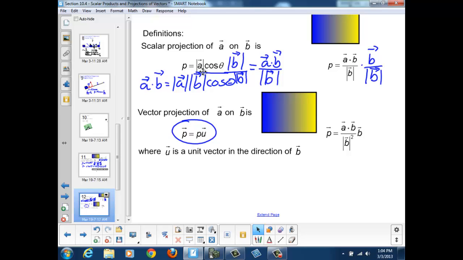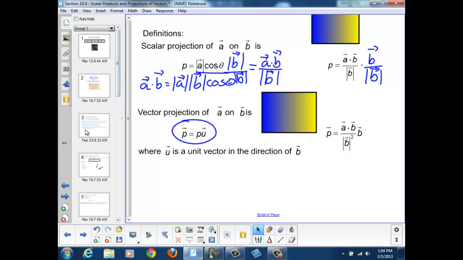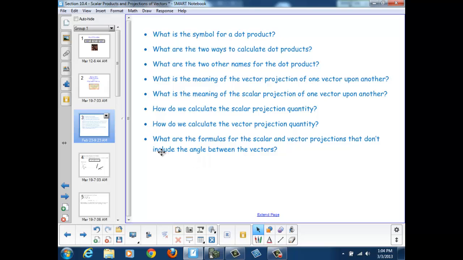Here's the scalar projection: magnitude of A cosine theta, or A dot B over the magnitude of B. The vector projection takes that information and multiplies it by a unit vector in the appropriate direction, or A dot B over the magnitude of B squared times the vector B. So we've covered both the initial formulas and the formulas for the scalar and vector projections that don't include the angle between the vectors.